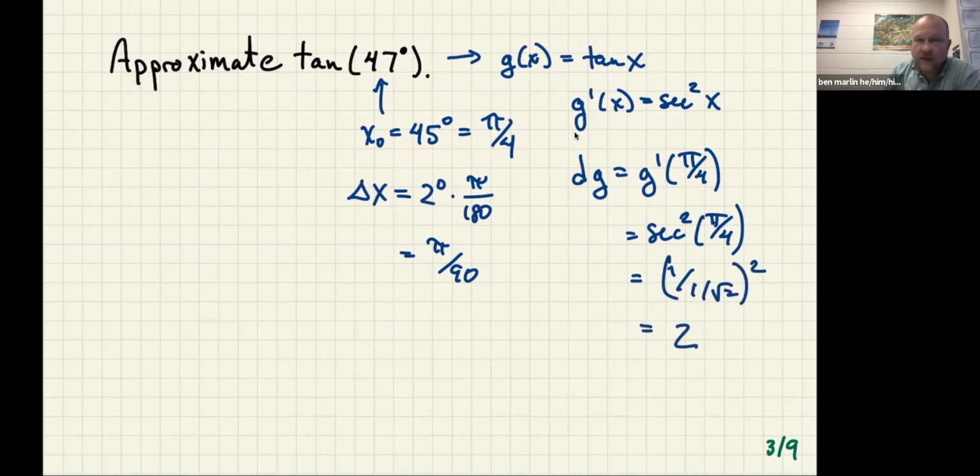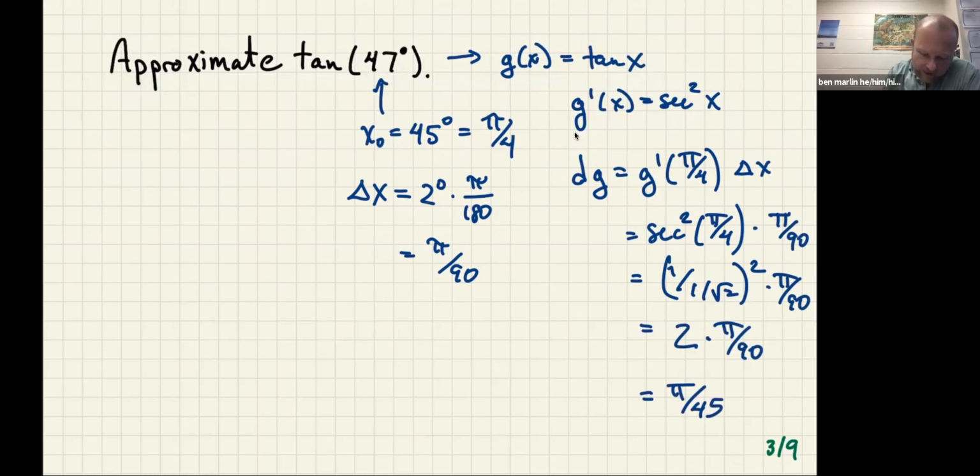So you ended up with a 2 here, okay? So then, I forgot to write down my delta x here. My delta x we said was pi over 90. So 2 times pi over 90 is pi over 45. If you'd like a decimal for that, we can certainly get it.